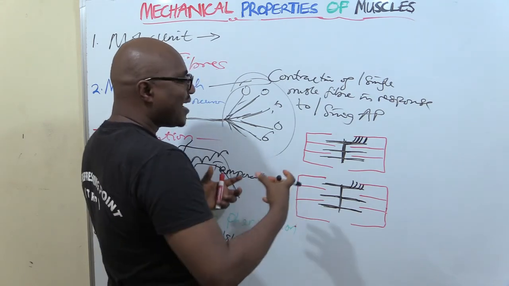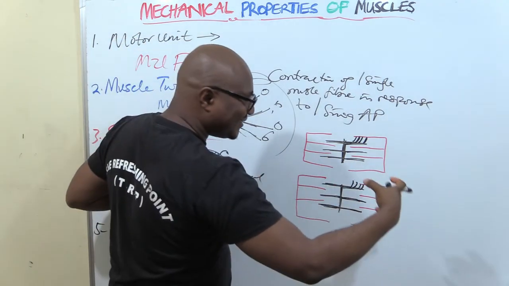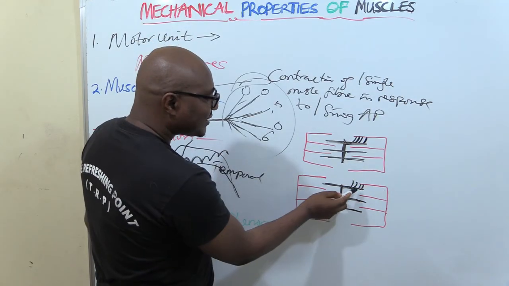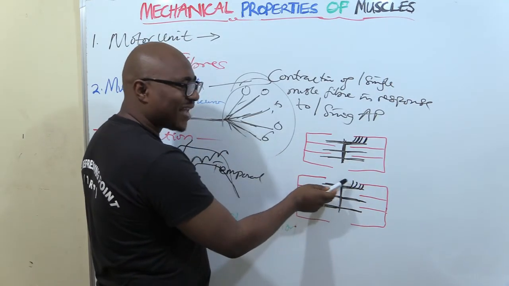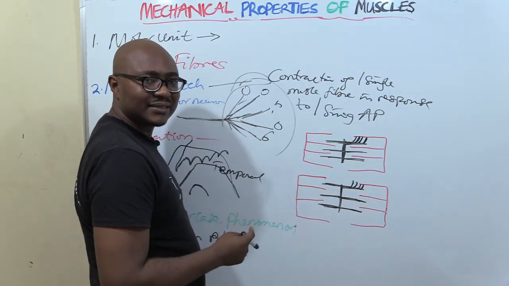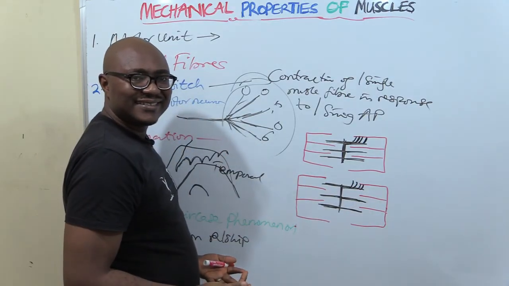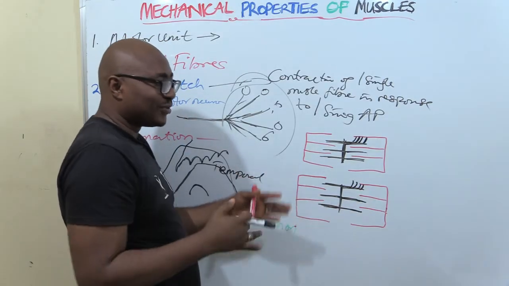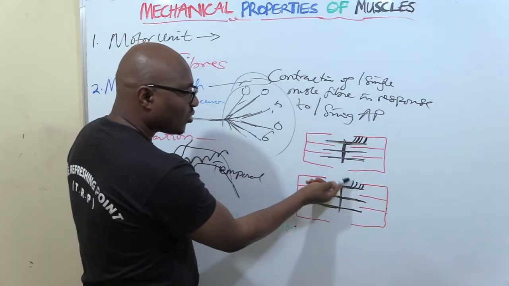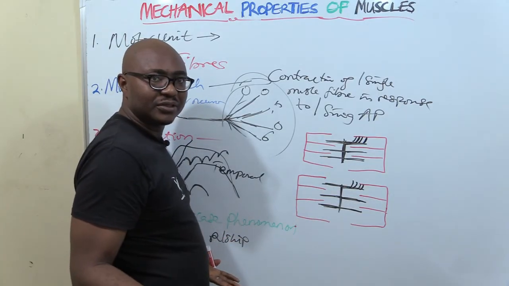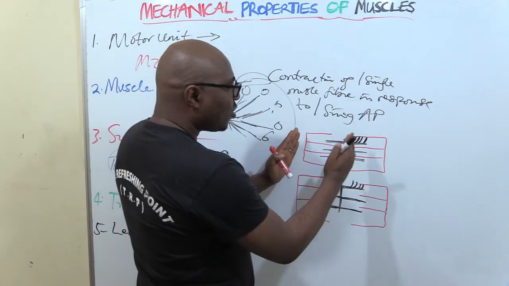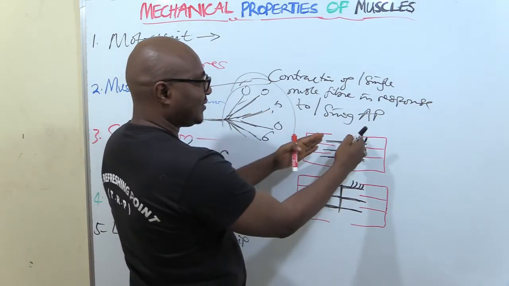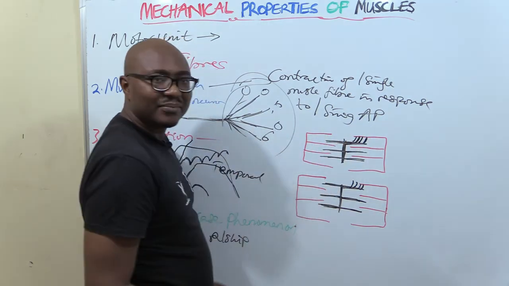So when the length is increased, you separate it like this, you see that not all the cross bridges are in contact with the actin. That means the force will be reduced. The force that the muscle can generate at that point in time will be reduced because there are other cross bridges that are just lying fallow. So optimal length is when all the cross bridges are making contact with the actin filament.